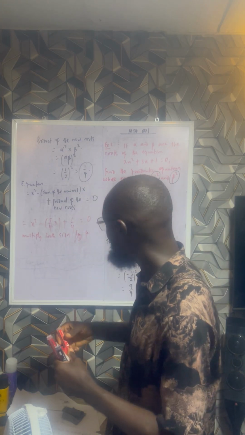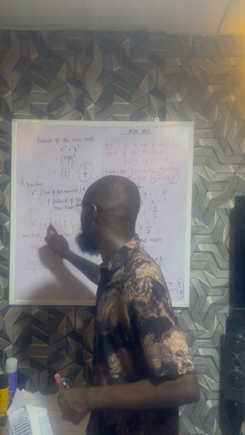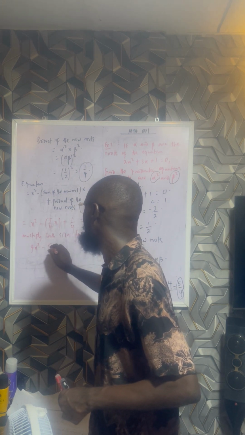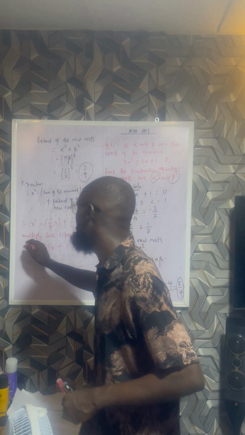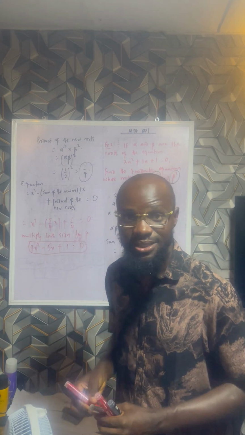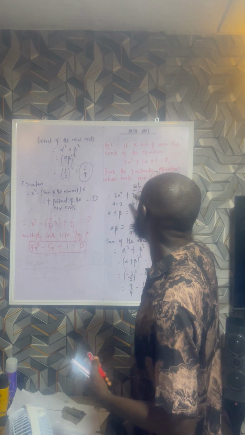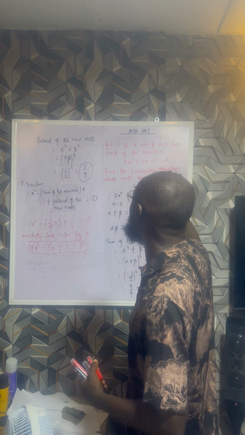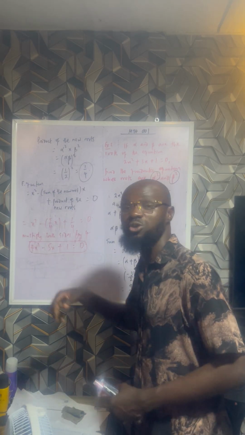Once you do that, what you are going to have is 4x squared minus 5x plus 1 equals 0. That is the correct answer. So the quadratic equation whose roots are alpha squared and beta squared is 4x squared minus 5x plus 1 equals 0.